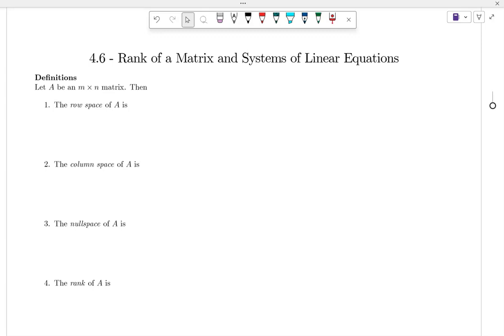If I take a row of an M by N matrix, how many components would that vector have? M or N? N, right? Because you're going to cross the columns, right? So your rows can be thought of as vectors in Rn. Your columns can be thought about as the vectors in Rm.